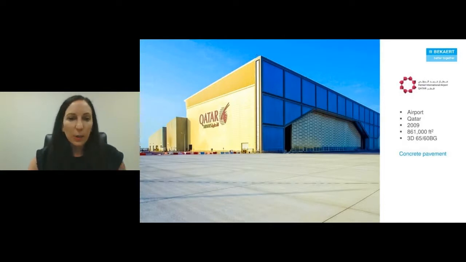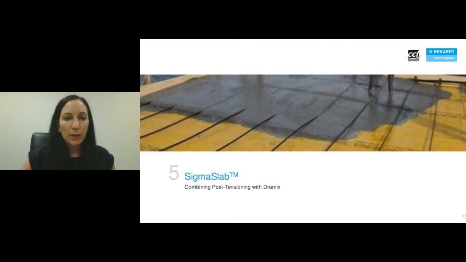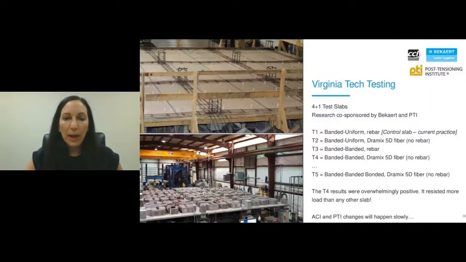All right, next, let's segue into our post-tensioning and Dramix solution, which is called SigmaSlab. The background for this is we've done testing, I say 4+1 test slabs at Virginia Tech, and I'll explain that. This research is co-sponsored by Bekaert and PTI, the Post-Tensioning Institute. The original plan was 4 test slabs, T1 through T4.